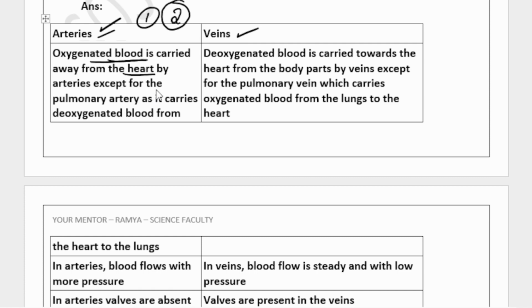Correct? So it's very important. Arteries carry oxygenated blood from heart to all the parts of the body. And you must also know, my dear students, all the arteries in our body carry oxygenated blood.